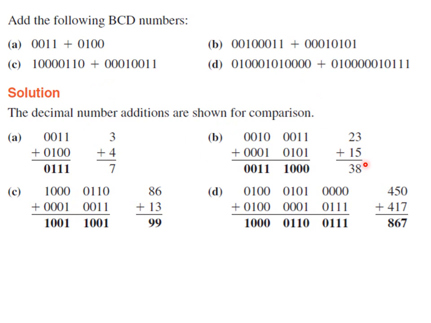Here 23 plus 15, that is 38, in binary coded values. It is simple binary addition. Then it becomes 38. Now here 450 plus 417 becomes 867. Again it is a valid BCD code.